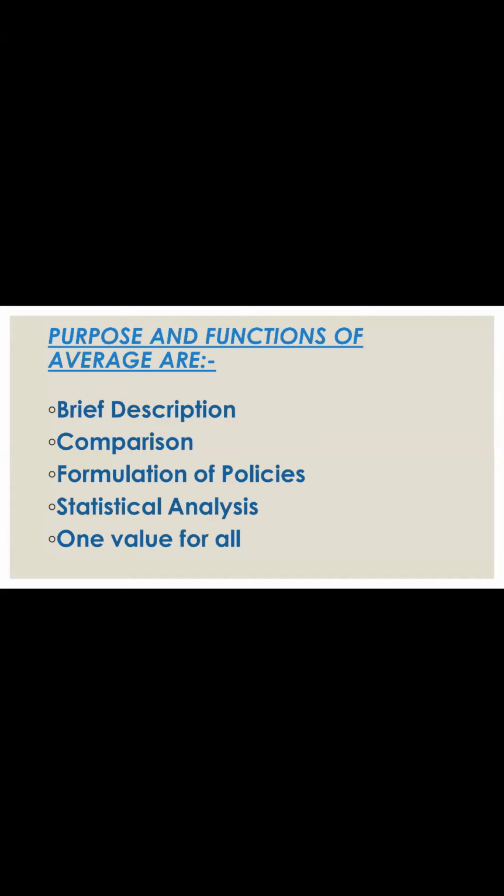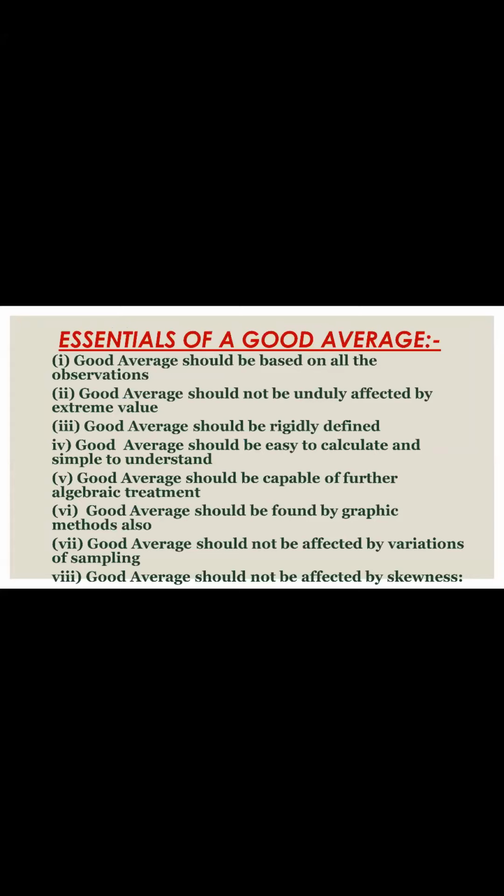So next are the essentials. What are the essentials of a good average? A good and satisfactory average should have the following essentials. A good average should be based on all the observations.